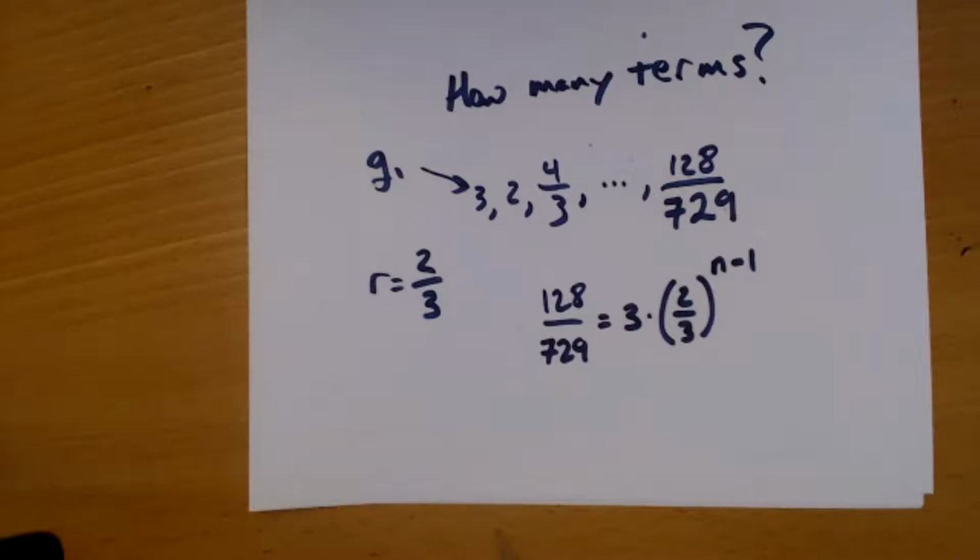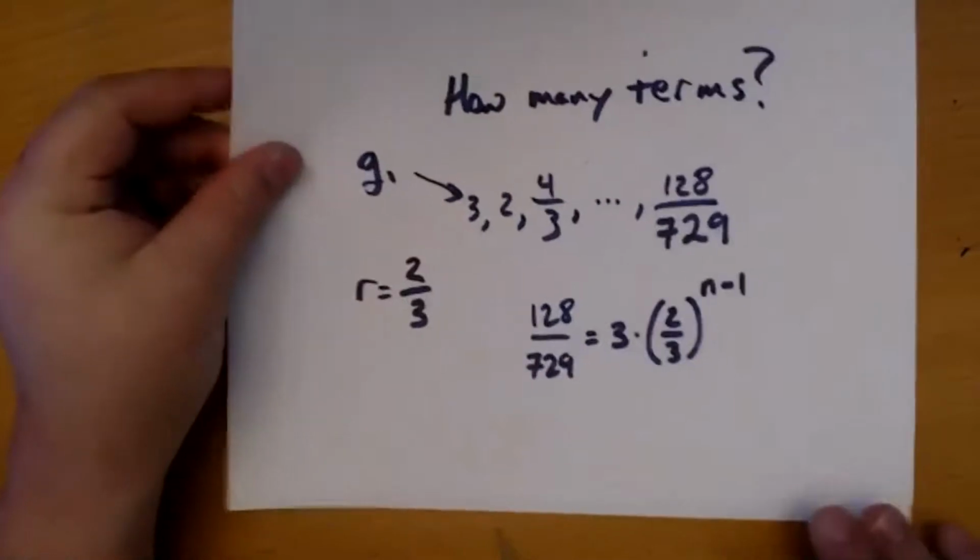So at this point, we're going to invoke not our calculators, but what is called the fundamental theorem of arithmetic. The fundamental theorem of arithmetic means that I can take any natural number 2 or bigger, and I can break it down into a product of primes.